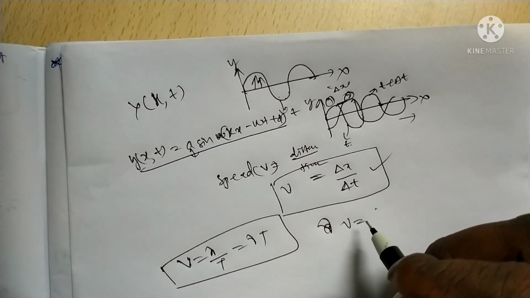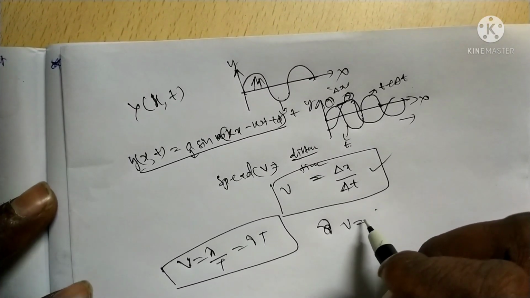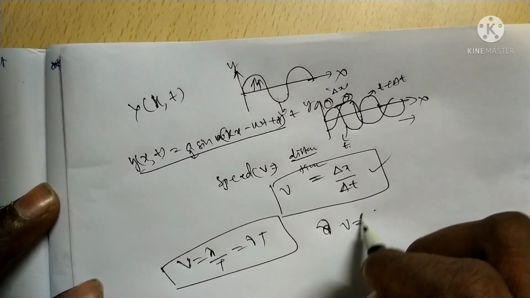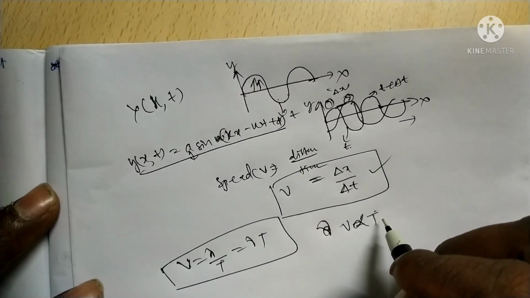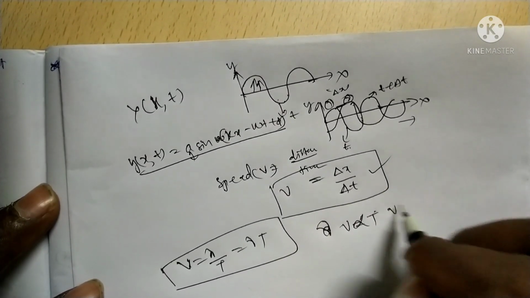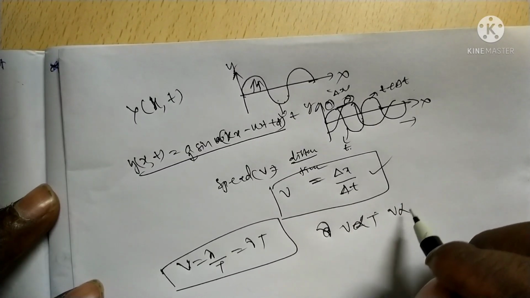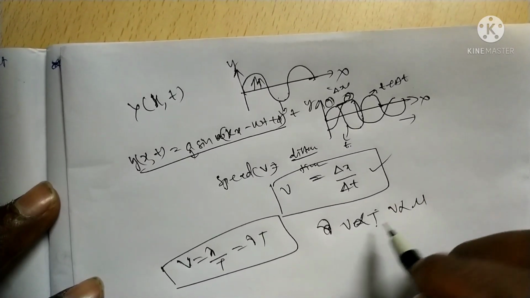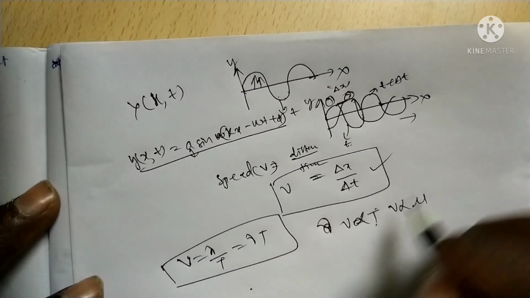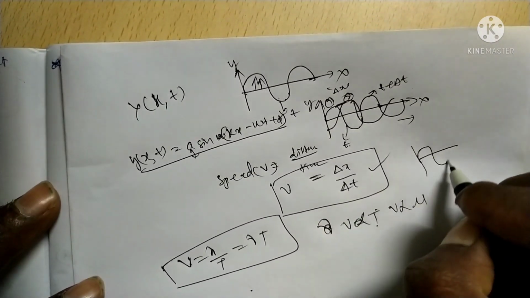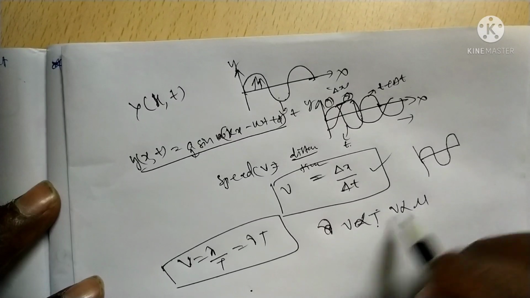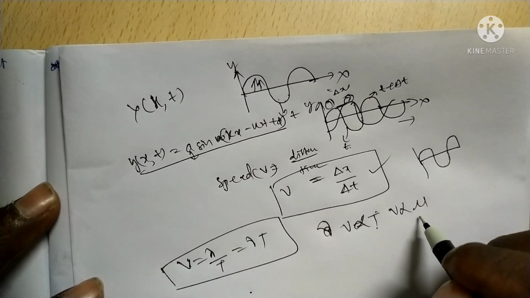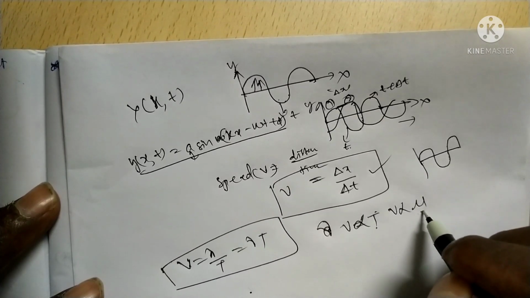In the case of a transverse wave, the speed depends upon the tension in the wire, and the velocity of the wave in the stretched string also depends on the linear mass density.